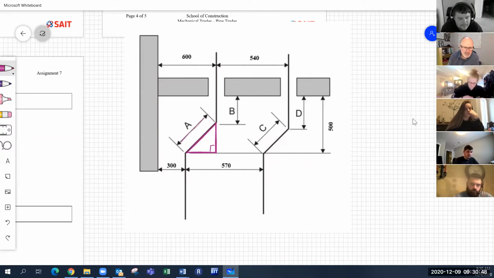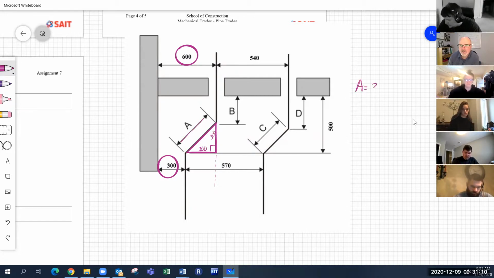If I extend this line right here, oh, look, this is 600. This is 300. So that means this line has to be 300. And then the rise on this also has to be 300. So A is equal to 300 times 1.414, which is 424.2.